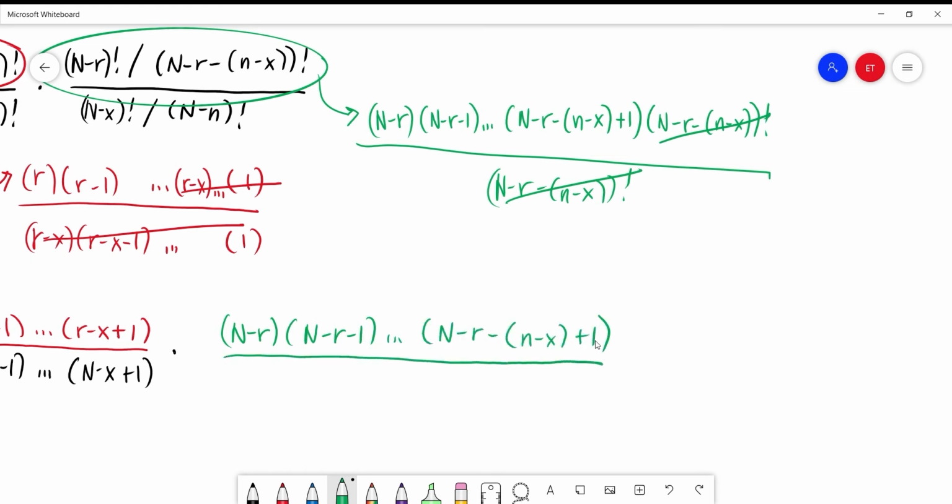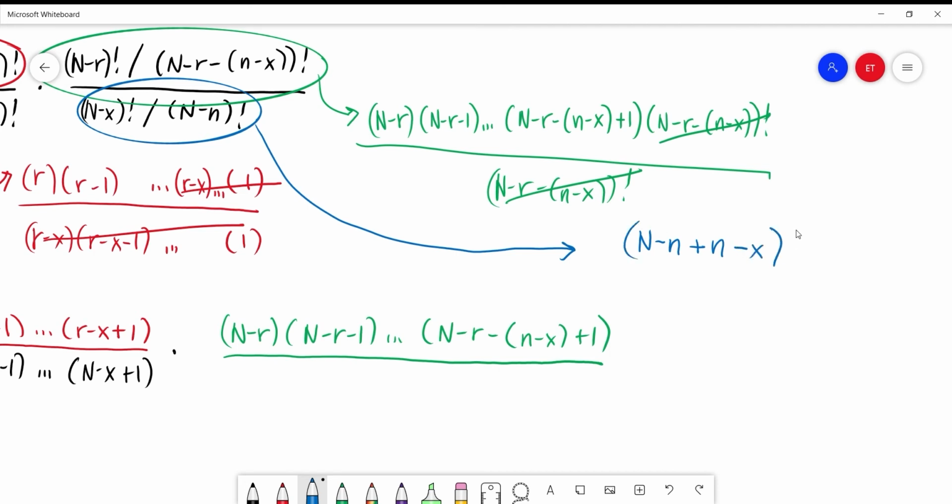there. And for the denominator, the first thing we should do is rewrite n minus x factorial. Why? So we can see that we can cross out some bits for easier manipulation. So it's going to be n minus n plus n minus x factorial.